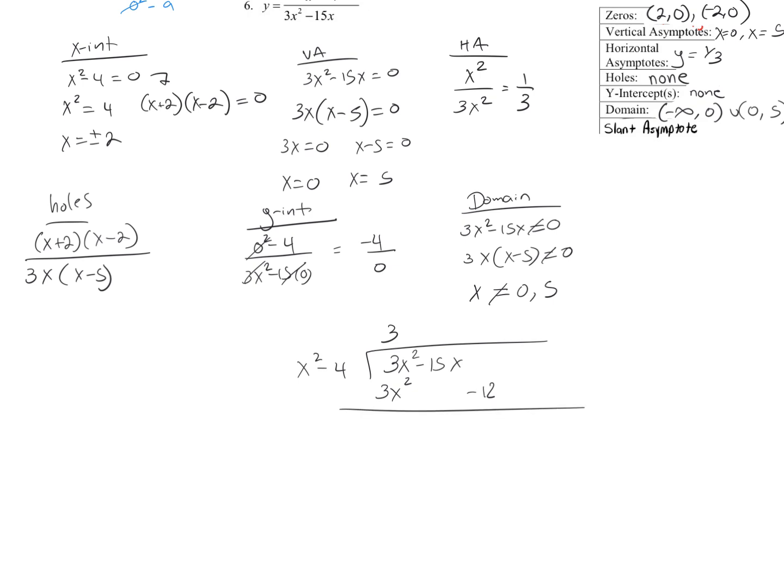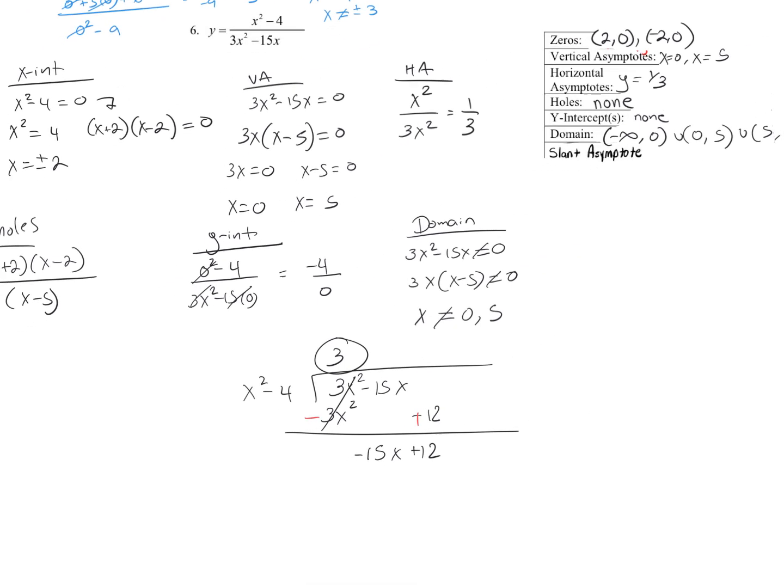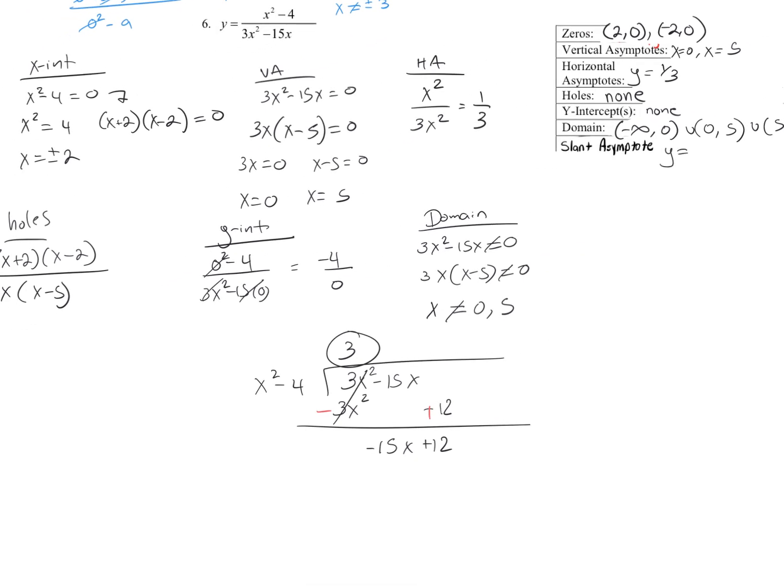When you subtract, this negative and this positive, this one cancels and I'm left with 15x plus 12, but that's okay, we don't care about the remainder. Our solution in this case is 3. So we have a slant asymptote at y is equal to 3.